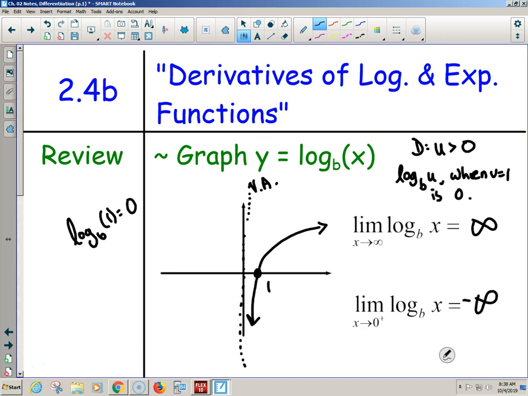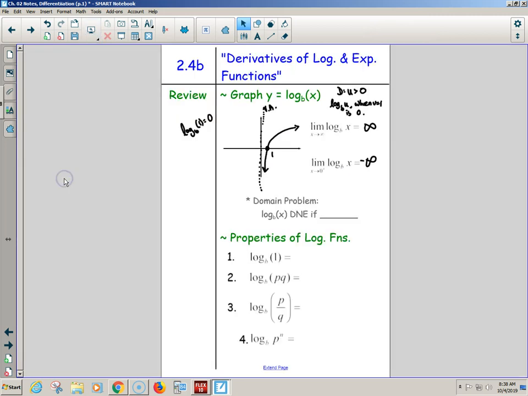Vertical asymptotes, which is why the domain is greater than 0. But what's here at the bottom of the page, now that we can read the top of the page? Logarithm doesn't exist if x equals 0, or we could say if u equals 0. There's a vertical asymptote.